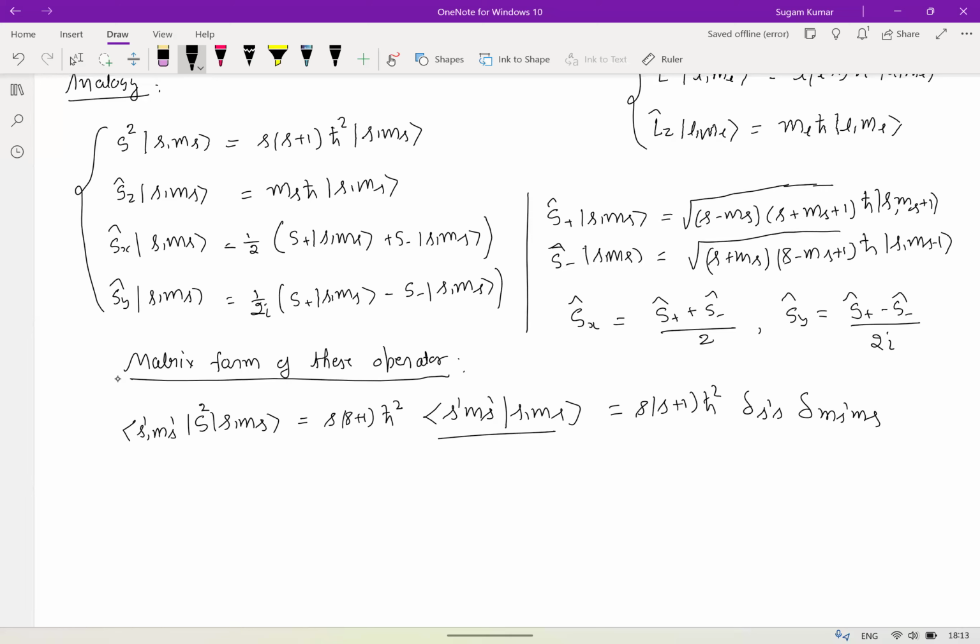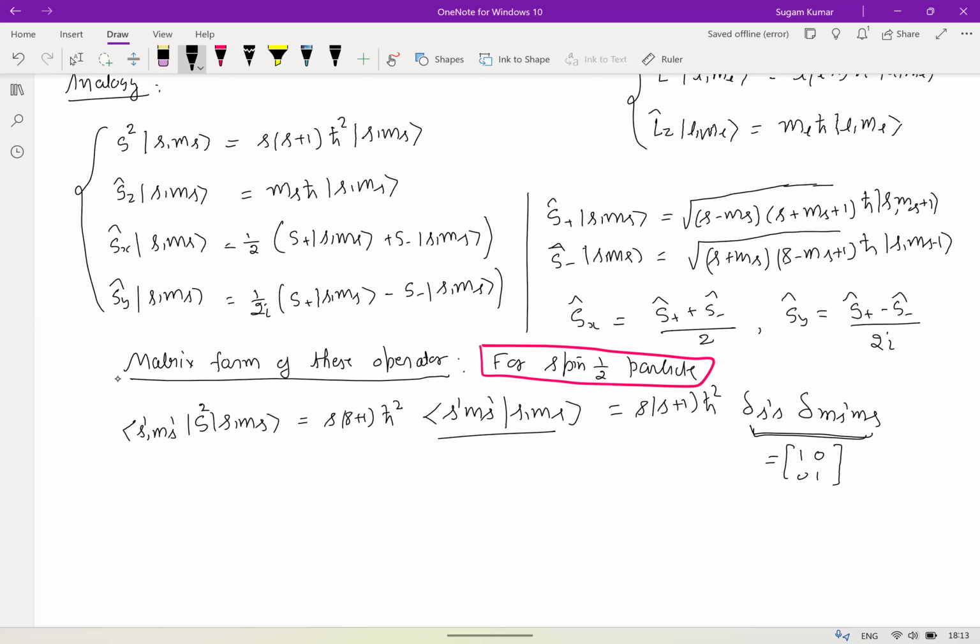And you can calculate this quantity for different spin components. So maybe you can try to do this for, let us say, a spin half particle. For spin half, this delta function is going to be 1, 0, 0, 1.